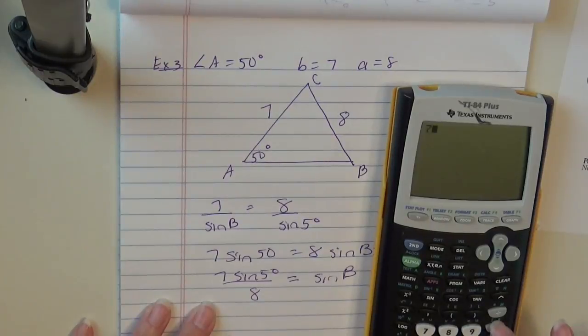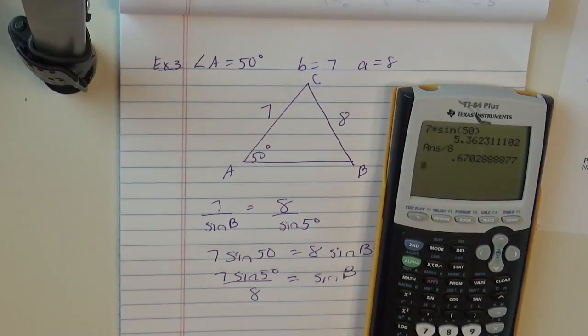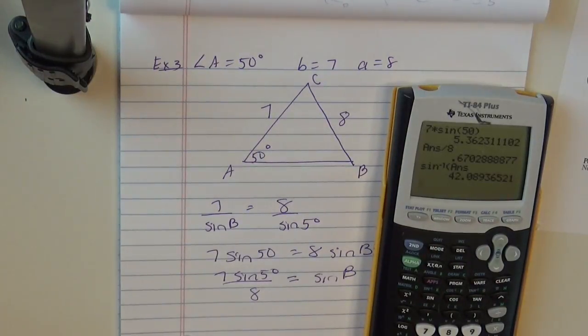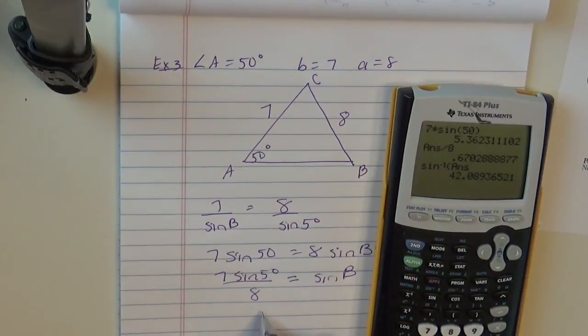So 7 times sine 50, enter. Divide by 8. It's giving me 0.67028888. I'm going to do second sine to get my inverse function, second answer, and that gives me 42. I'm going to have to round, you're going to have to round these, but we're getting 42 degrees for angle B.